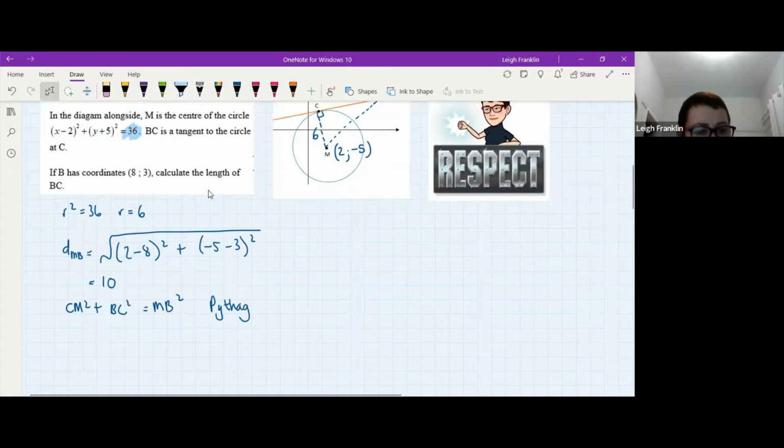So that gives us 6 squared plus BC squared equals 10 squared, and thus BC squared would be equal to 64, which means that BC is 8 units long.